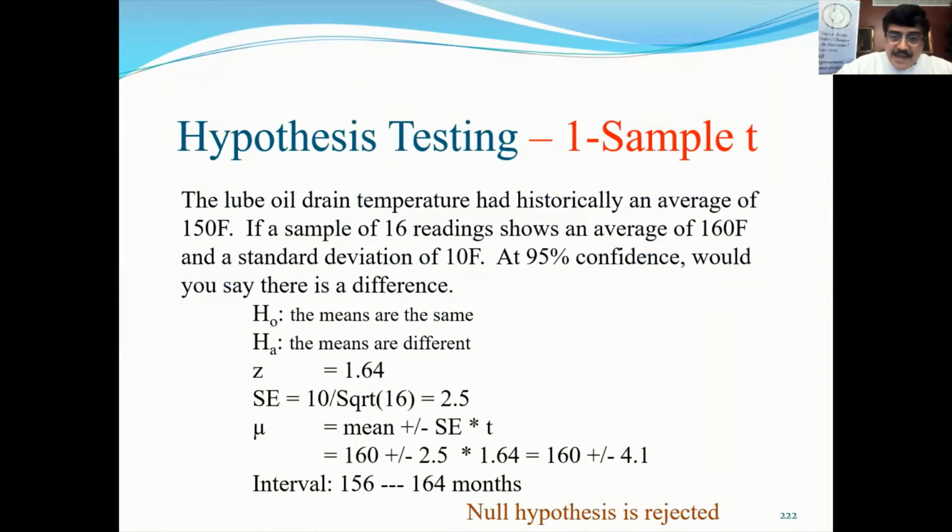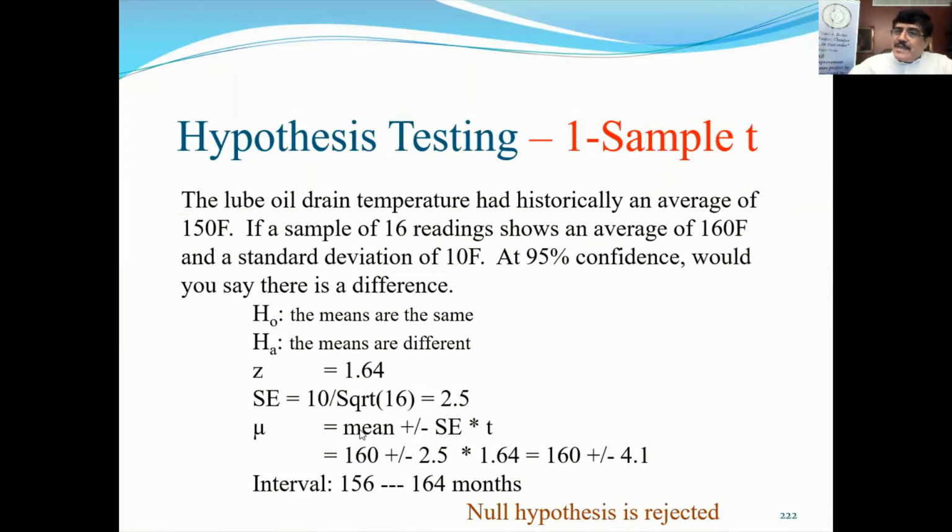Let's look at this example and try to understand hypothesis testing from it. Let's say the lube oil drain temperature value, it doesn't matter, lube oil, patient temperature, whatever, but the temperature value has an average of 150 degrees Fahrenheit.